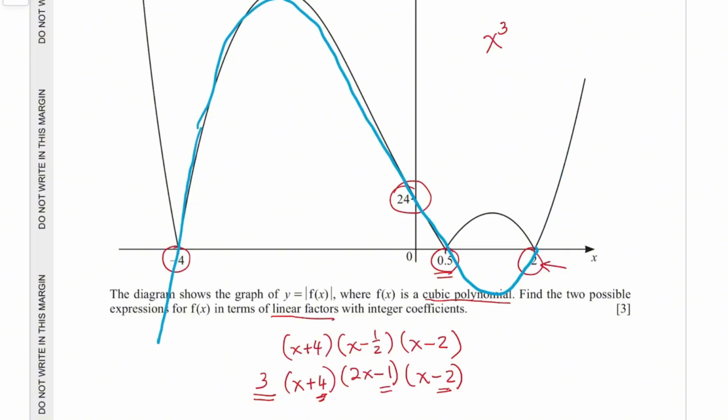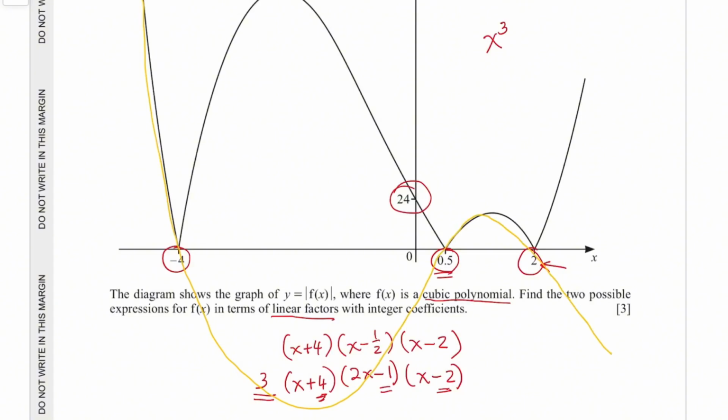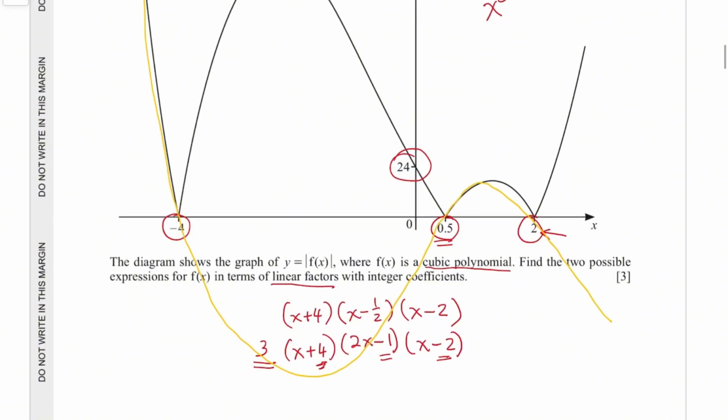Or your graph could be this: from the top, it reflects down here, and then it flips up here, and it goes there. Right, there are two possibilities. So because of the modulus, you are expecting to have positive or negative 3, x plus 4, 2x minus 1, times x minus 2. Right, so that is your final answer. Easy? Yes, that's for 3 marks.